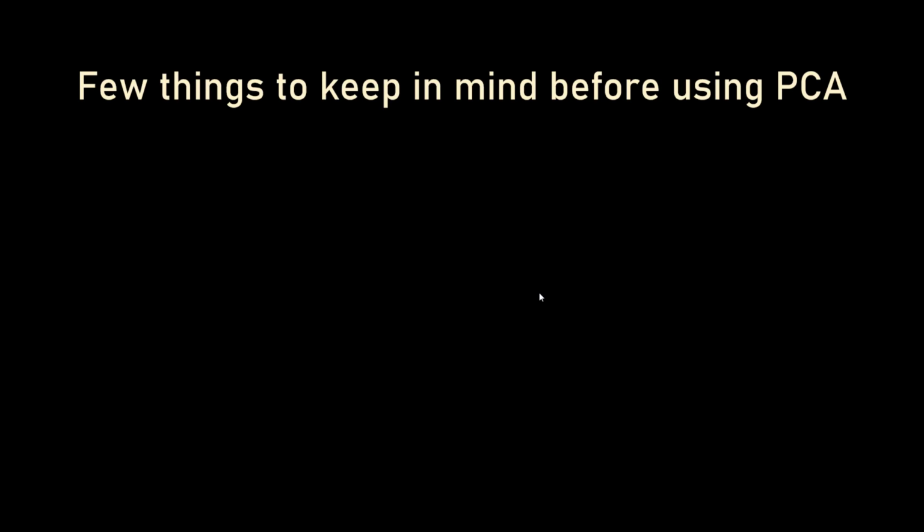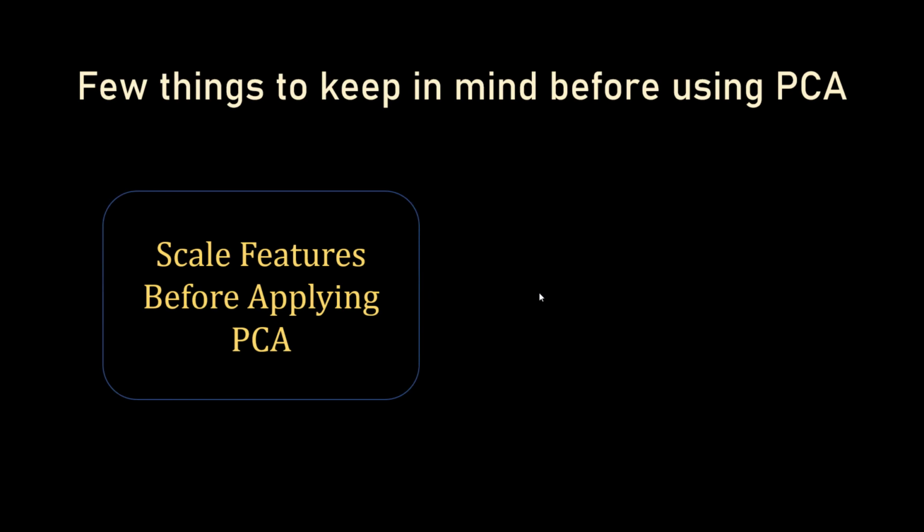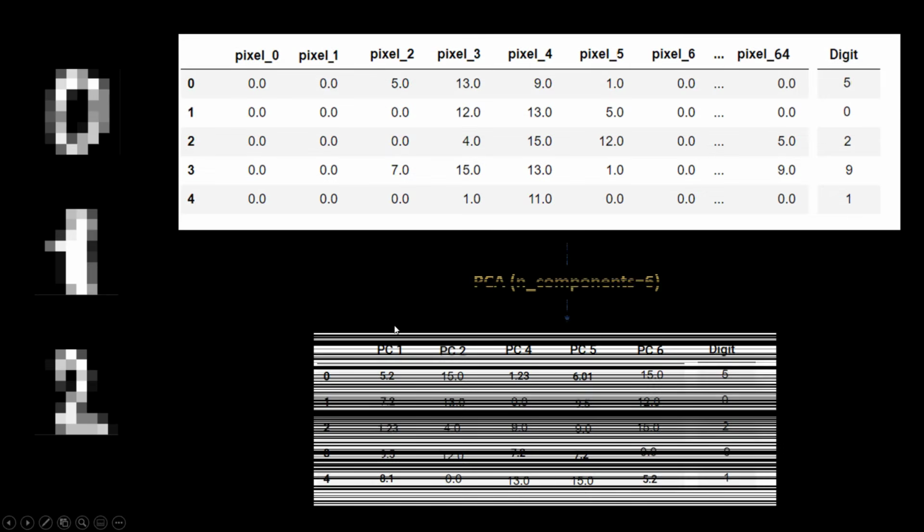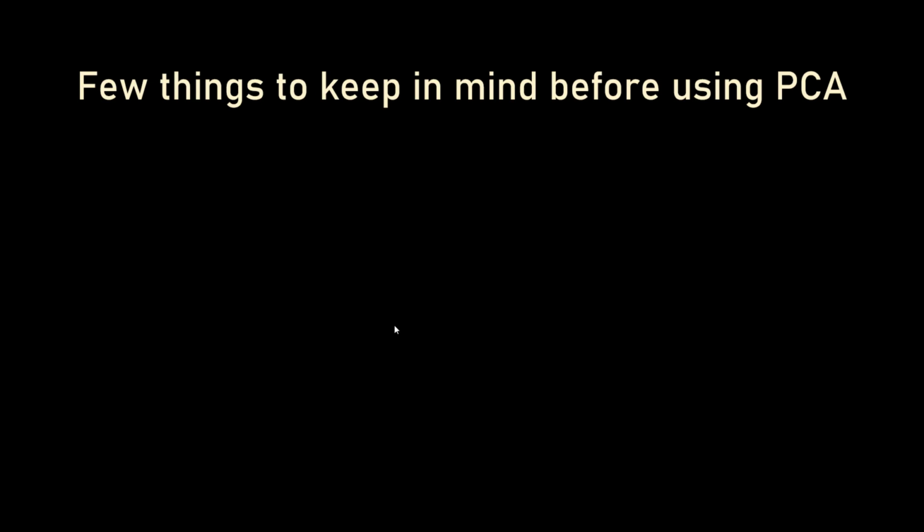But a few things to keep in mind before using PCA: you need to scale the features, because if you don't scale them, it's not going to work. For example, if one graph is in millions and another graph is in normal values, the graph might become skewed, and PCA will not work as per your expectation.